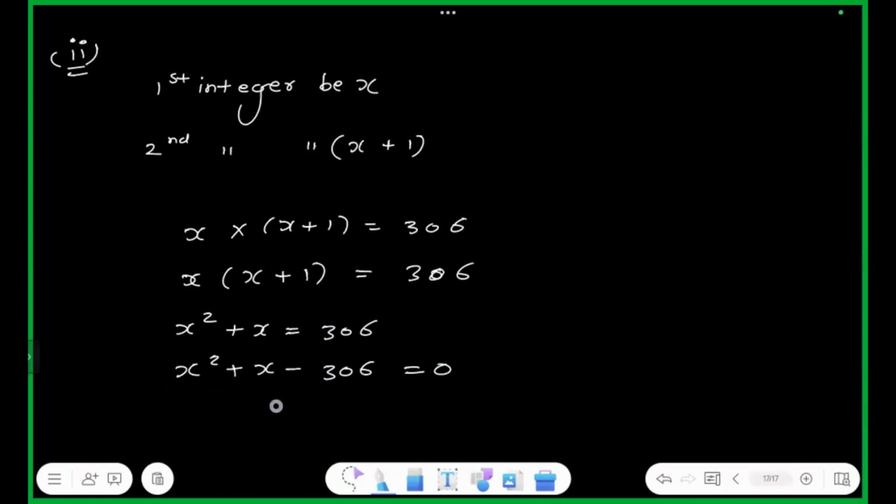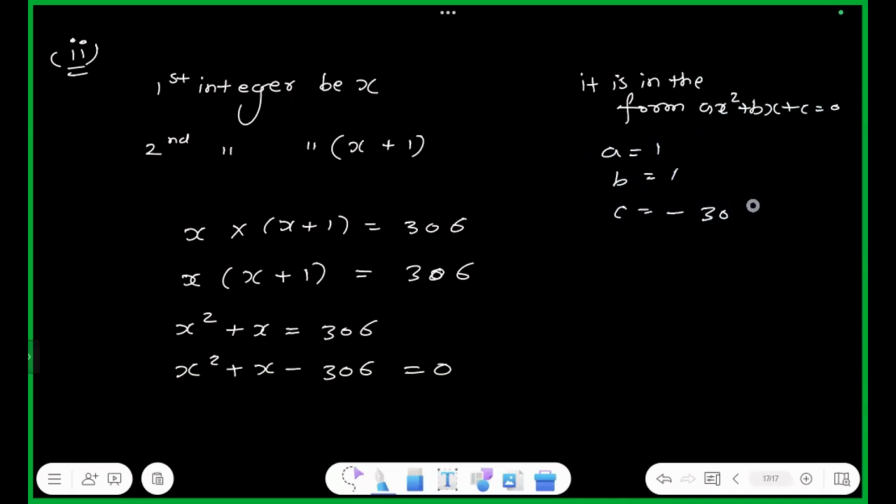First do till this much and then write from here. Where a is equal to 1, b is also equal to 1, and c is equal to minus 306. Okay, so we have represented the given situation in a quadratic equation.